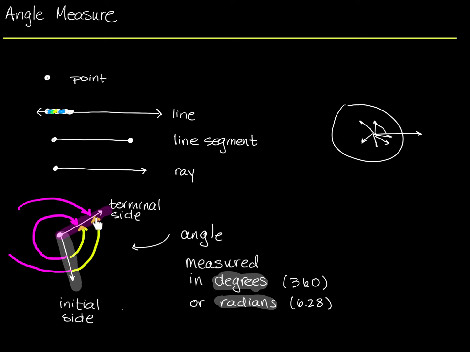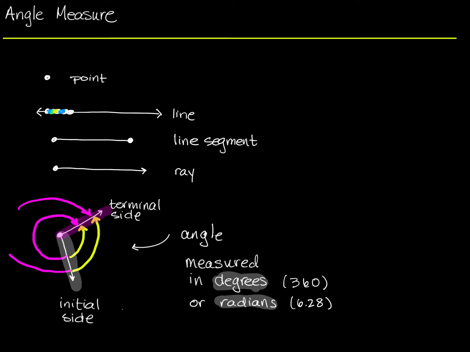But if I start here and go in the other direction, then I'm going in the opposite direction. So as we'll learn at some point a little bit later down the road, we would consider this a negative angle measurement, whereas this is considered a positive angle measurement. So which is the initial side and which is the terminal side does matter, even though we can't use this information to tell whether we're going the short way around from the initial side to the terminal side or the long way around.